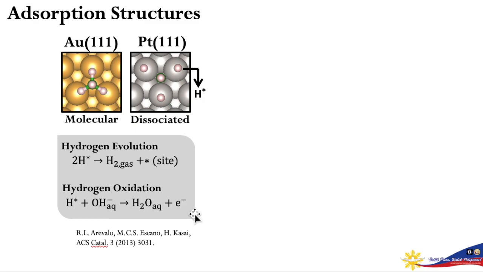The efficiency of borohydride fuel cell then depends on the competition between these two reactions. The one that has higher efficiency is the one that promotes the oxidation of hydrogen atom rather than the hydrogen evolution reaction.